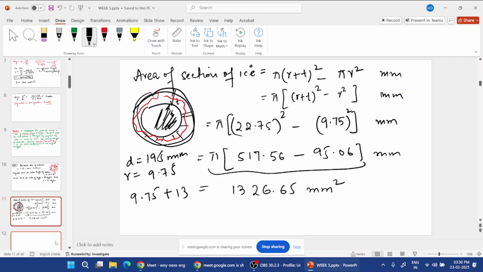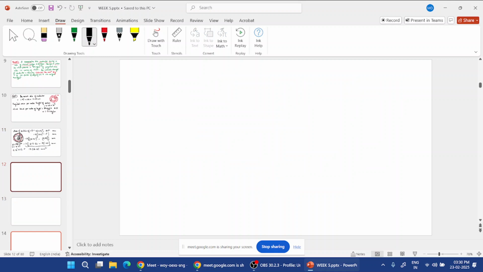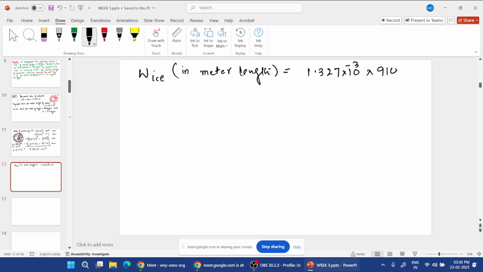Now why are we calculating it? Because we have to calculate the weight of ice per meter length. It is equal to 1.327, we just calculated, into 10 raised to the power minus 3. Why? Because we are converting it into a meter, into 910. What is 910? It is the weight of ice per meter cube.